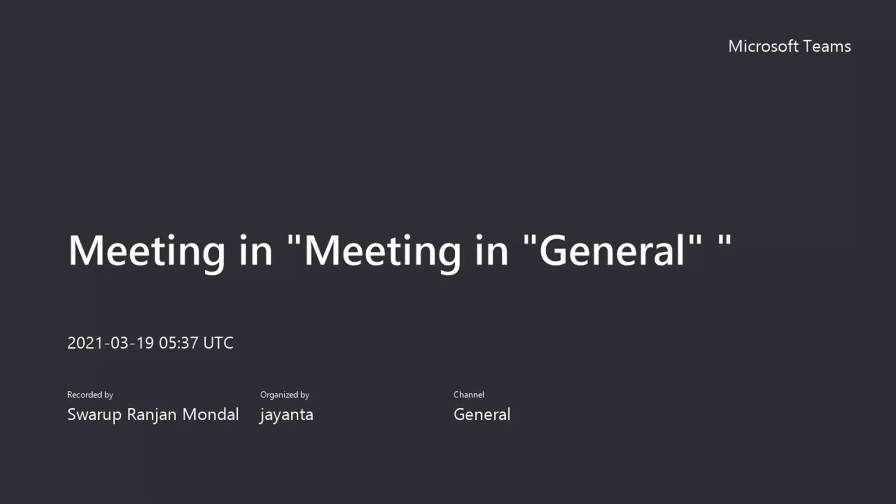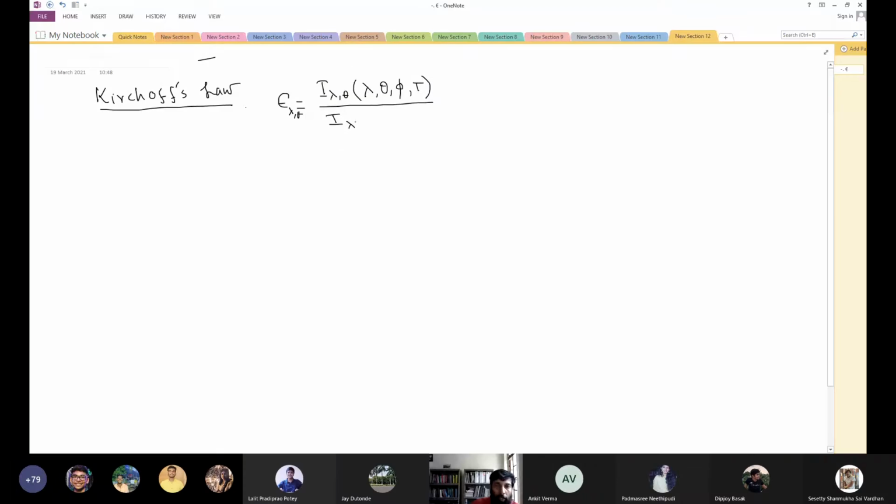Spectral, but a black body is by definition not directional. So it's a diffuse emitter. Because it's a diffuse emitter, it's not directional, but it has lambda dependence and temperature dependence. So this is our spectral directional emissivity.